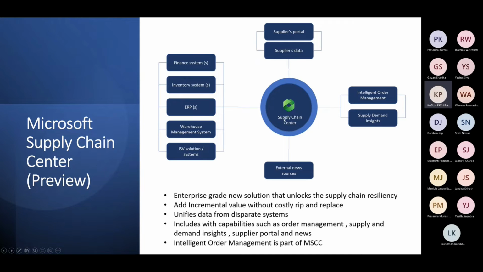I'll explain the modules. One of the modules is intelligent order management. There are also a couple of ISV solutions that you can extend, and you have external news sources which can help you bring in the latest updates on your partners. That's what the supply chain center has.